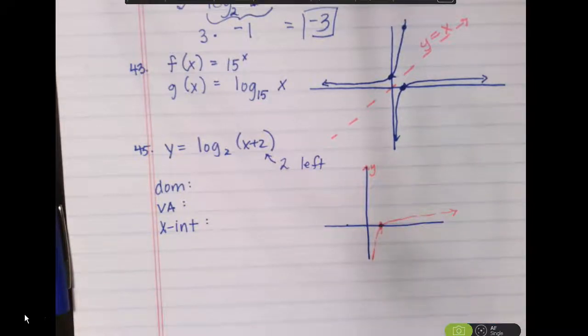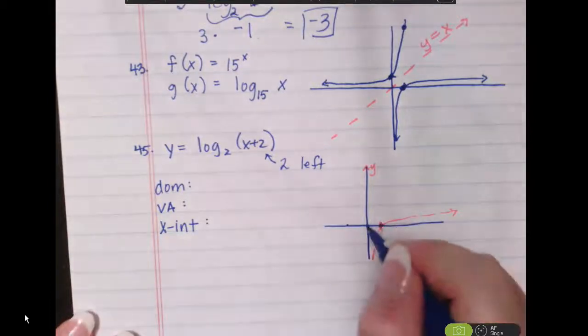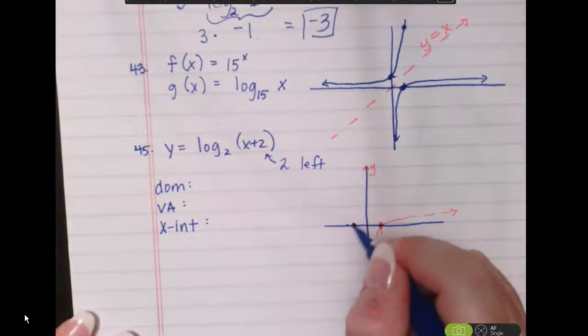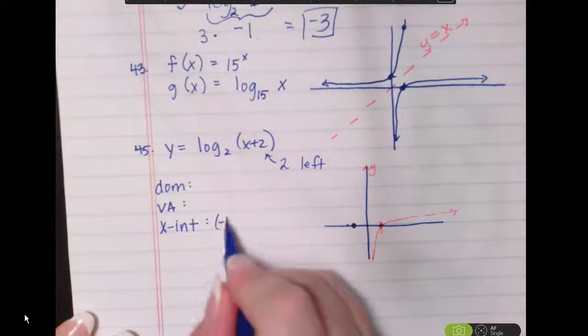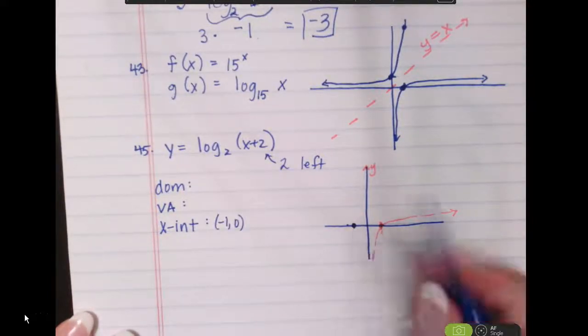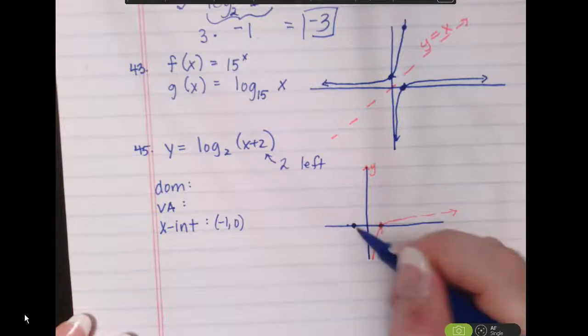So if the new function is the exact same and it's just 2 to the left, I would come over here to negative 1, and that's my new x-intercept. And so my old asymptote was 1 to the left of my x-intercept.